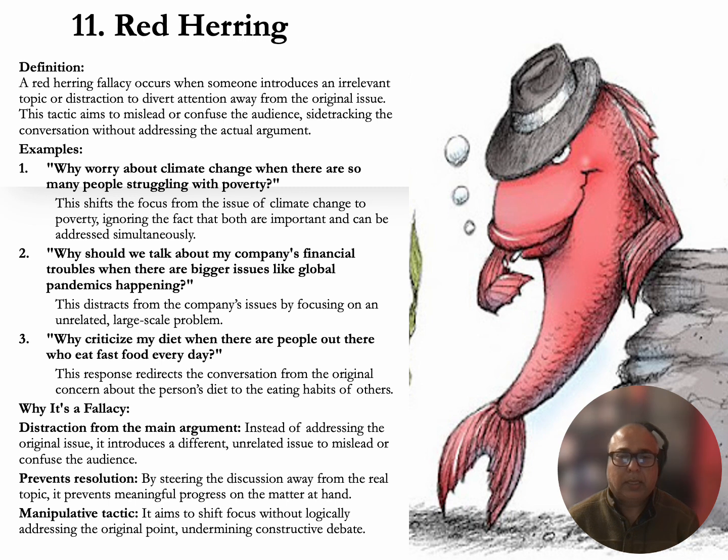All right. A red herring. A herring is a fish. What's a red herring? A red herring occurs when someone introduces an irrelevant topic or distraction to divert attention away from the original issue. People who do not have a good argument make this error in logic. They use a red herring argument. So let's say climate change is real.